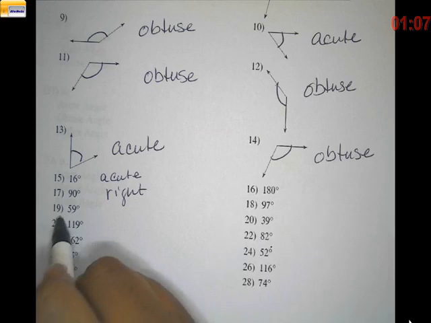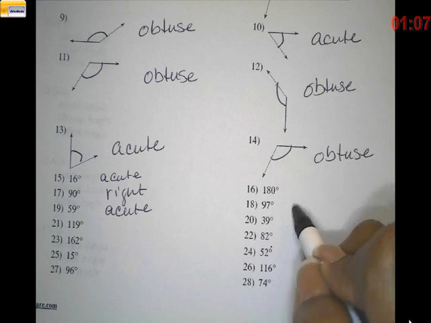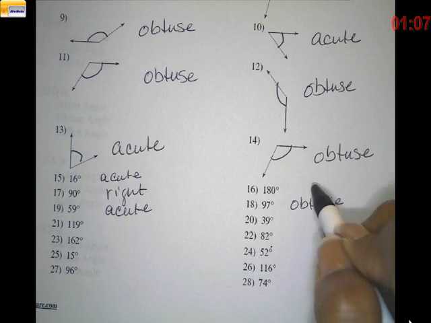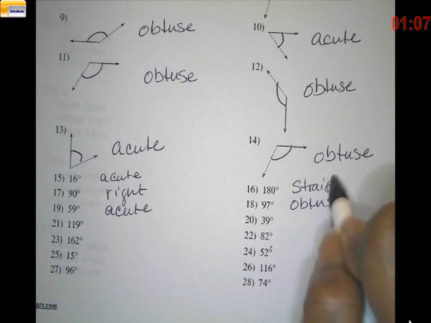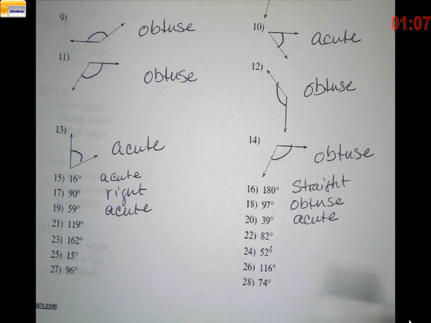Oh, are you guys looking at 19? 19 is acute. But what about 18? Let's do these two. Obtuse. What about 16? Straight. And 20. Acute.